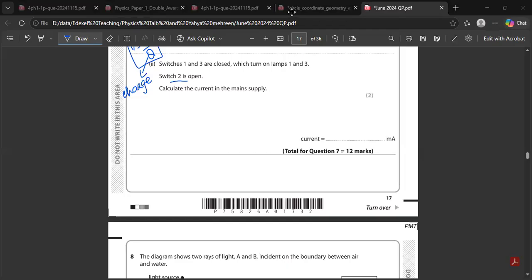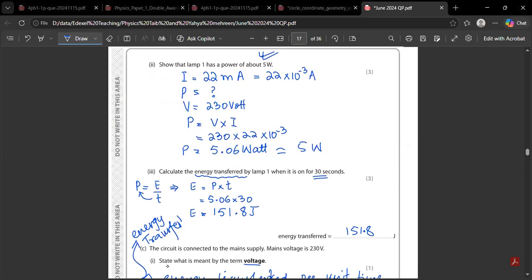Since we know that current divides in a parallel circuit, in order to get the total current, can we add them all? Yes. So what should be the total current? Lamp 1 plus lamp 3.